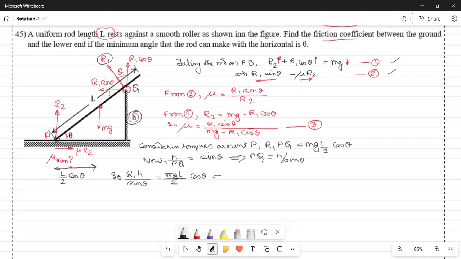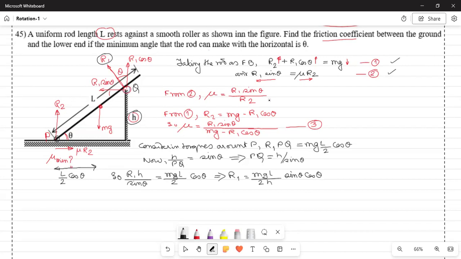From here we find R1 is equal to mgL by 2H multiplied by sin theta cos theta.